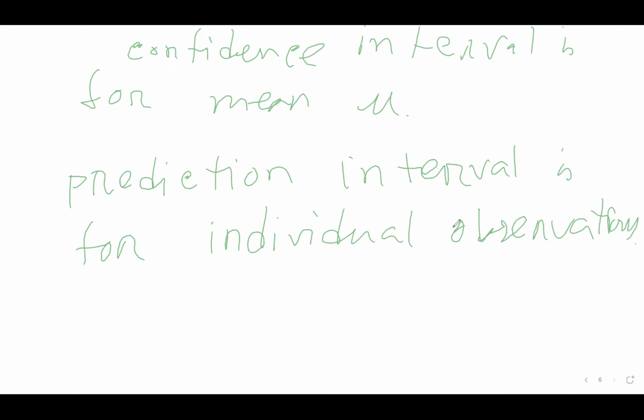We find two numbers and we are some specific percent confident that mu will be between these two numbers. And a prediction interval means you collected a sample. Now, if you collect another observation in the future, what will be the two values the future value will lie between? This range is called the prediction interval. So a prediction interval is for a future observation, for a single observation, and a confidence interval is for the mean.